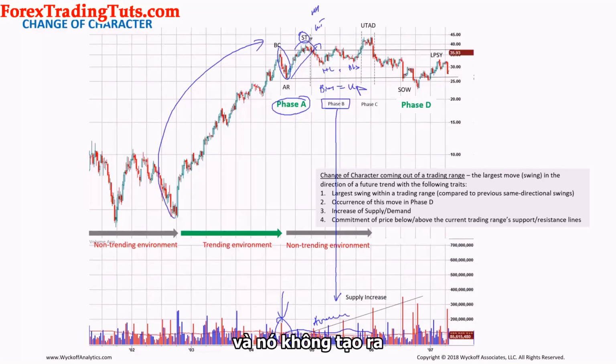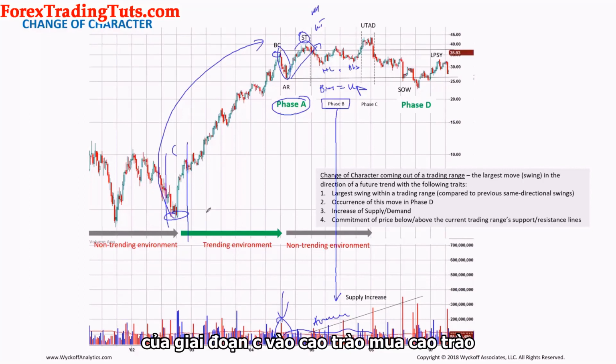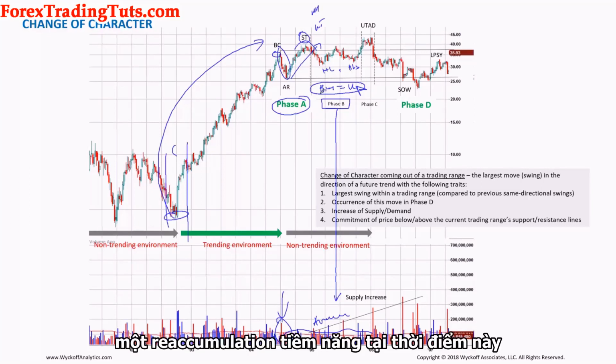And it doesn't produce anything larger than the change of character, which by itself is not such a big retracement from the lows to the highs of the buying climax, from the lows of phase C into the buying climax high. So I'm still going to be thinking that this is a potential reaccumulation at this point.